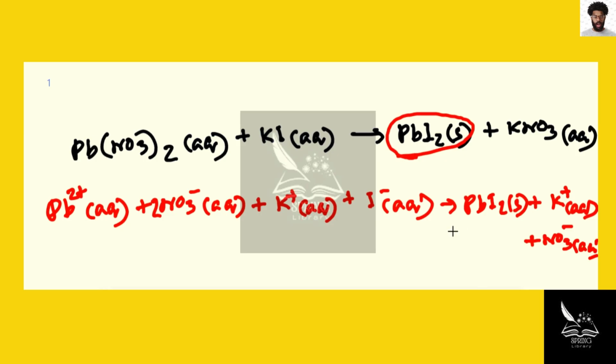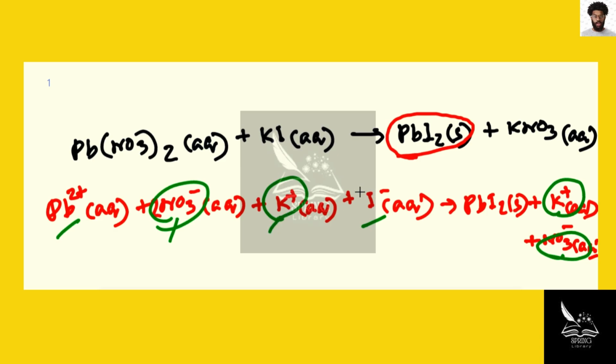Now from here we can see that the spectator ions are those ions which remain on both sides of the reaction equation. Nitrate is present on this side and this side, and K+ or potassium is present on both sides, but Pb2+ is not present in ionic form on both sides, and neither is the iodide. So nitrate and potassium are our spectator ions here.